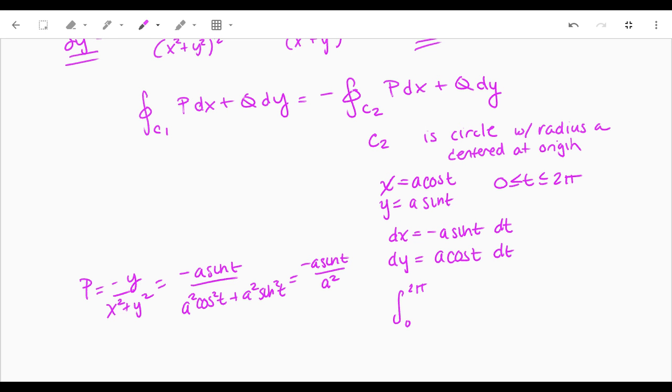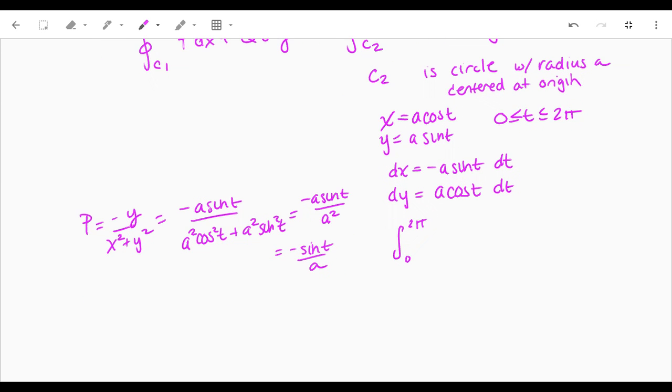So it's just negative sine t over a. And then q is x over x squared plus y squared. So that's going to be a cosine t, and again, x squared plus y squared is just a squared. So cosine t over a.